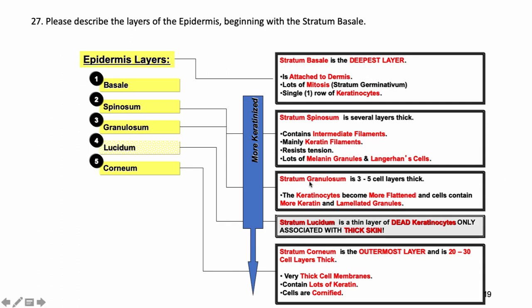Now, after the granulosum, the cells are too far away from the blood supply, which is back in the dermis. Okay, so at this stage, their life is pretty much over, and they will become part of the dead layers, which are okay in the sense that they're helping protect your skin.